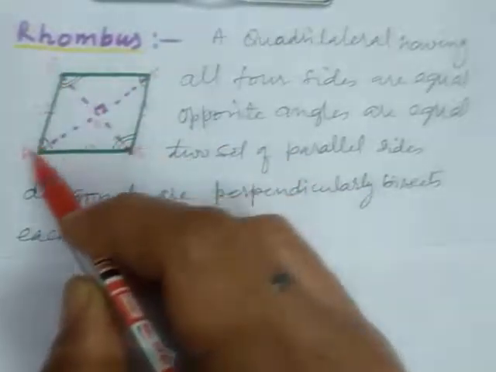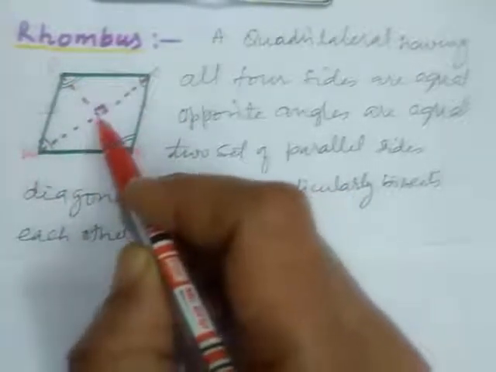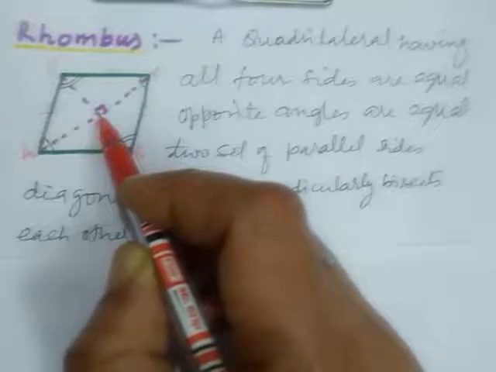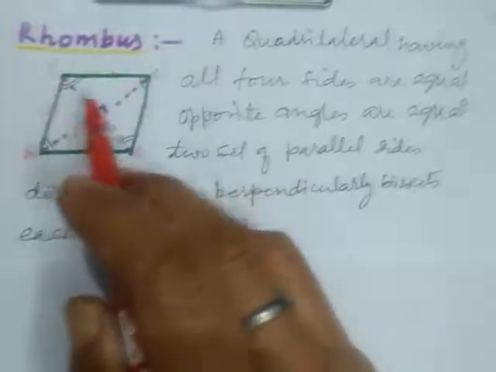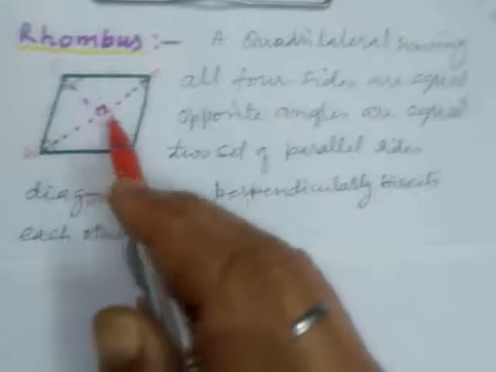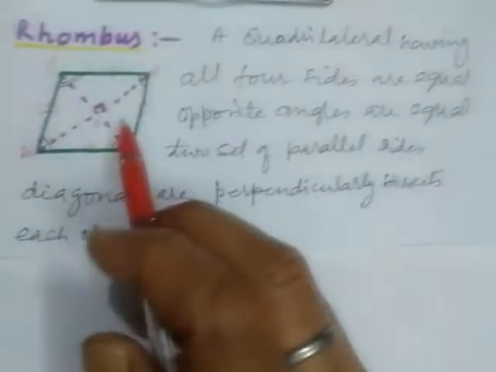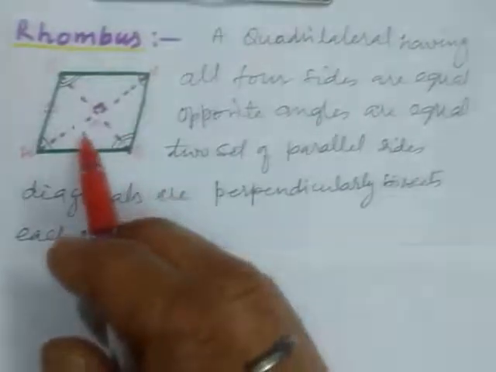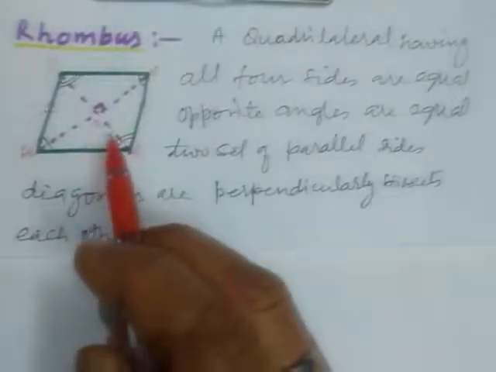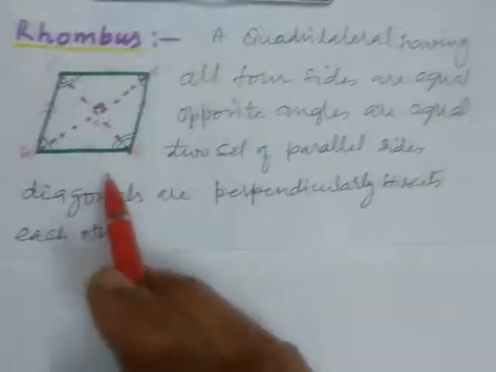So we can say the diagonals AC and BD perpendicularly bisect each other. This is the characteristic property of a rhombus. Remember these characteristics. With the help of these characteristics, you can solve the problems of the exercise. So learn them well.